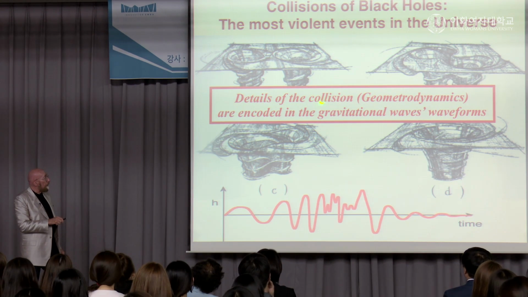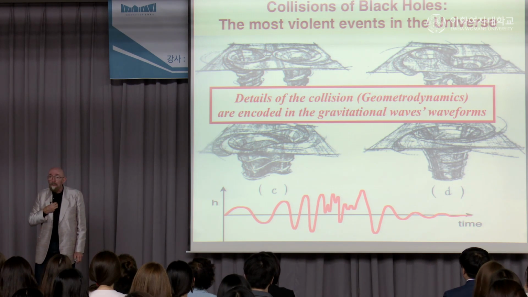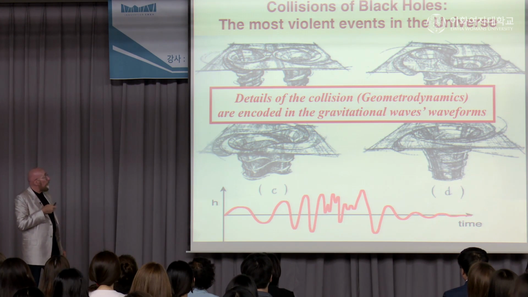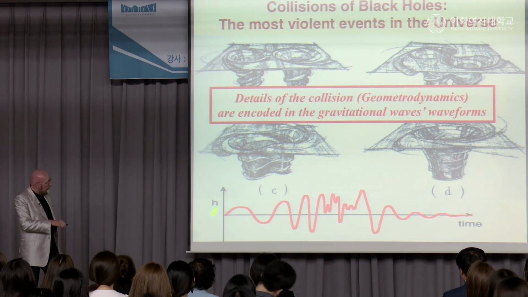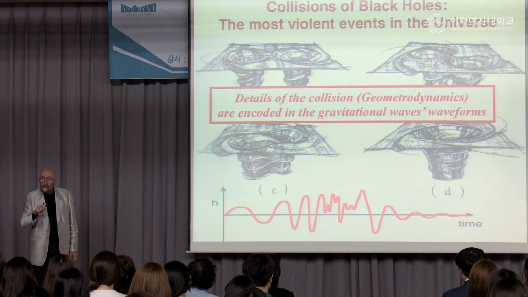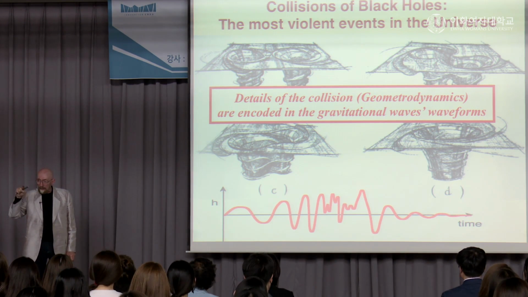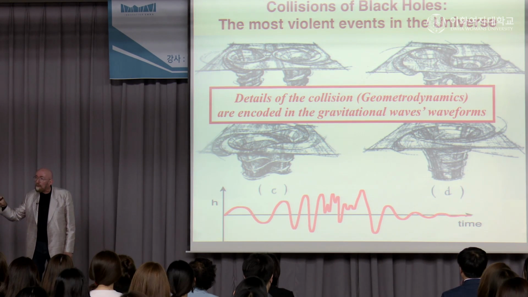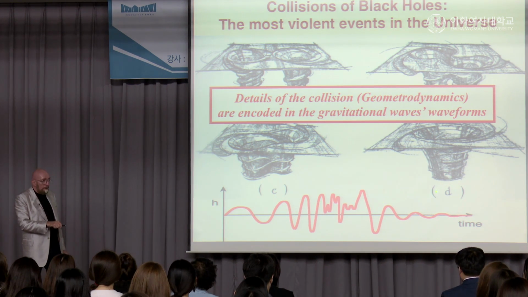The details of the collision, the geometrodynamics that I want to understand, are encoded in the waveforms of the gravitational waves. The waveforms look like this, the kind of waveform you might see for sound on an oscilloscope. If you speak into a loudspeaker and create a sound wave image on an oscilloscope, that's the kind of wave I'm talking about.